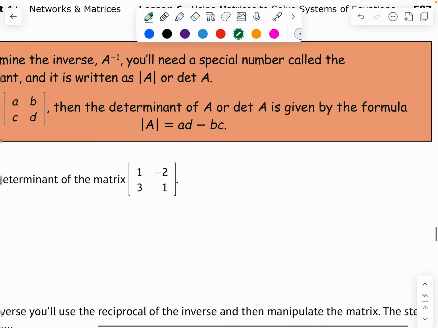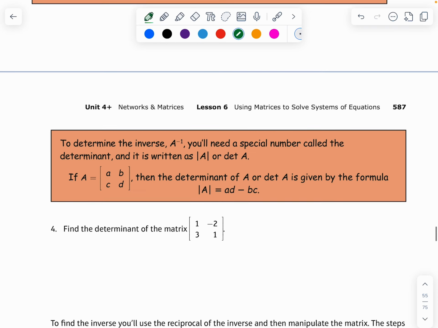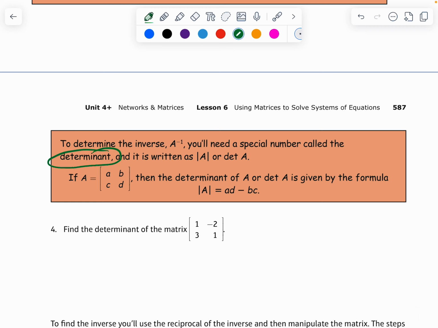The very first thing we're going to have to do is find what is called the determinant. It looks like the absolute value of A, but A is a matrix. So we write it with the absolute value symbols, but it means the determinant, or you can write DET.